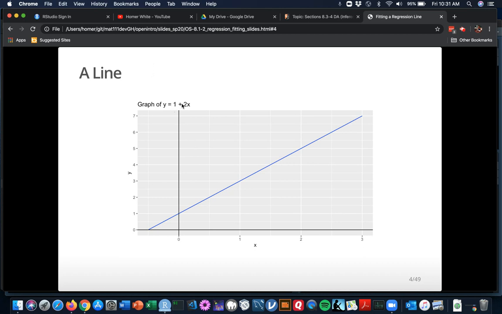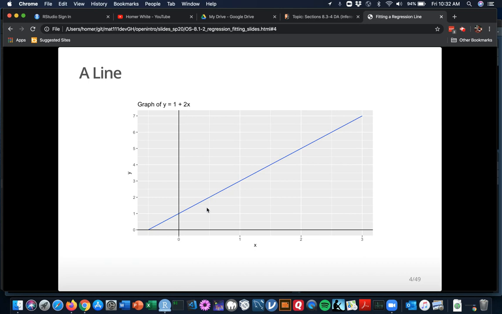Now you might be used to thinking of it as y equals 2x plus 1, the mx plus b form. And in statistics, we tend to put the intercept first, and then the slope times the x variable second. So y equals 1 plus 2x. The y-intercept is at the level 1 here. And then we have this slope of 2 multiplied by the x variable.